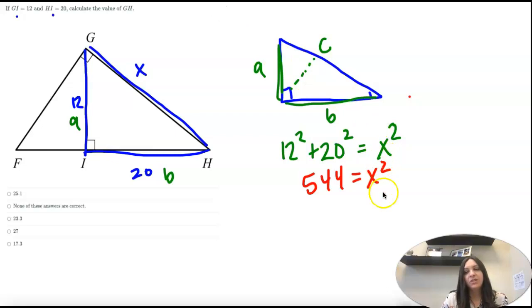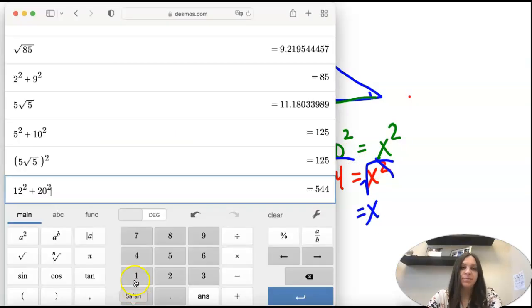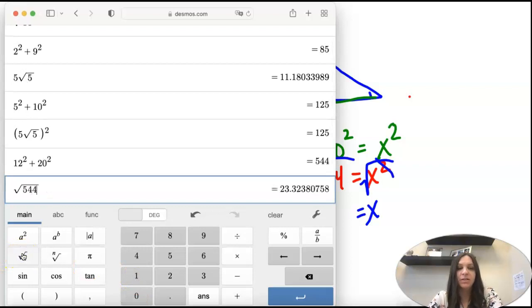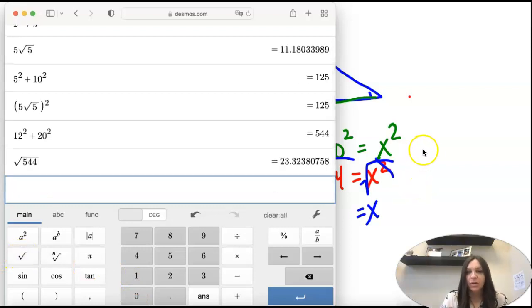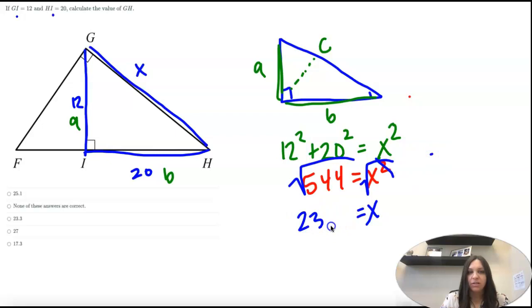So I don't want x squared, I want x. So to get rid of the square, we take the square root of both sides. Now we just have x. And then the square root of 544 is 23.32, or 23.3.